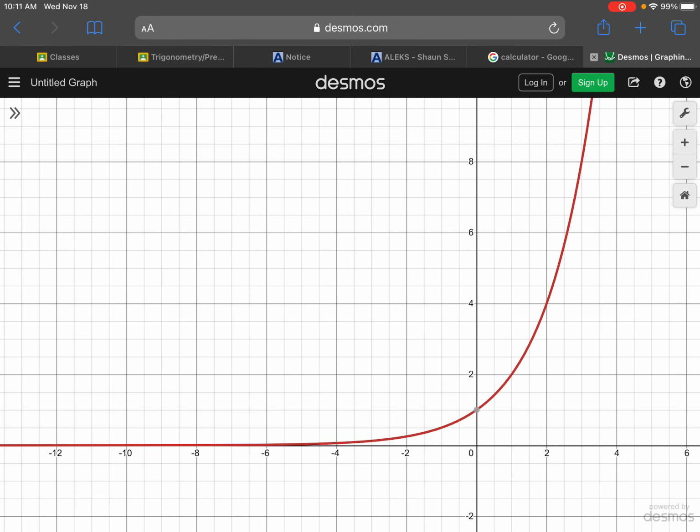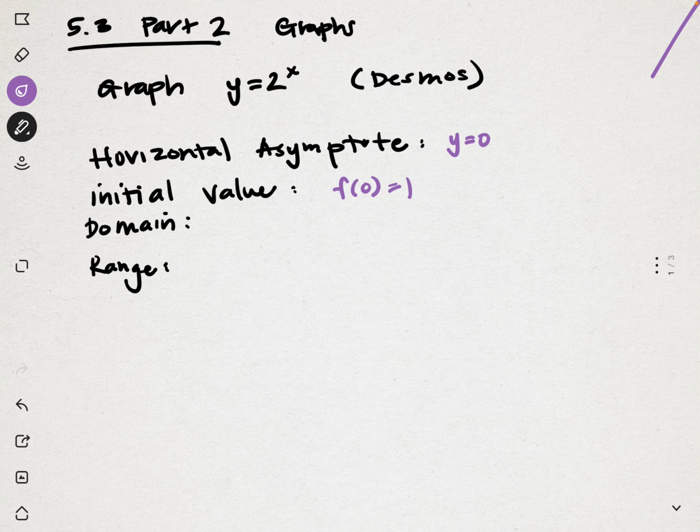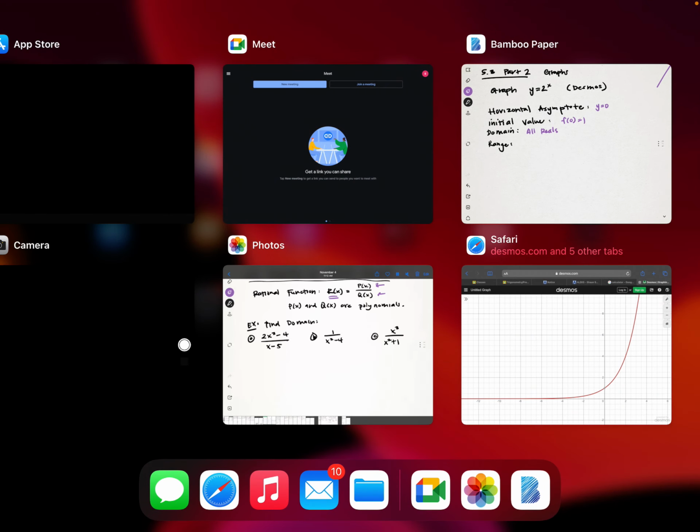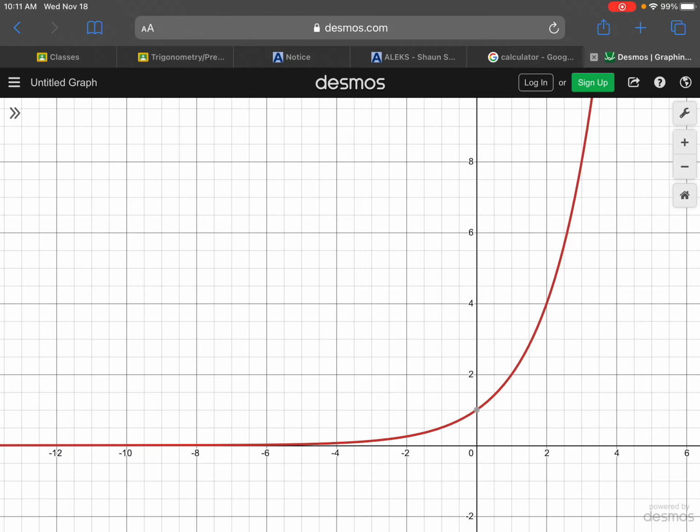So our domain for any exponential function is going to be all real numbers. For our range, because we have a horizontal asymptote at 0 that this graph doesn't cross, our range is going to be everything above 0 because our function is increasing from there.